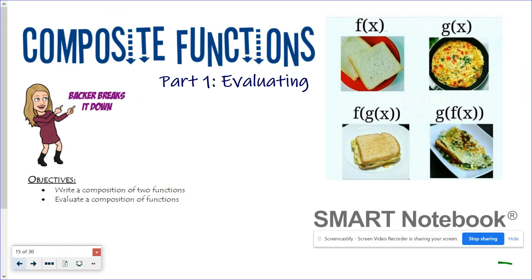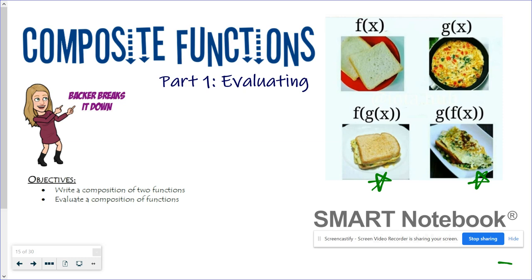Going back to this little picture here, our two functions are like toast and eggs. So I can either put the eggs inside of the toast for f of g of x, or, I don't know why I would do this, I could go egg, toast, eggs. So I could put the toast inside of the eggs.